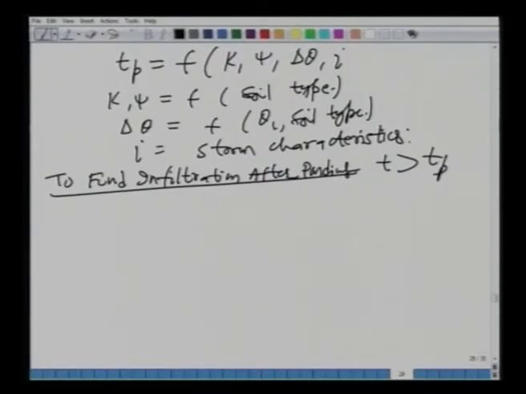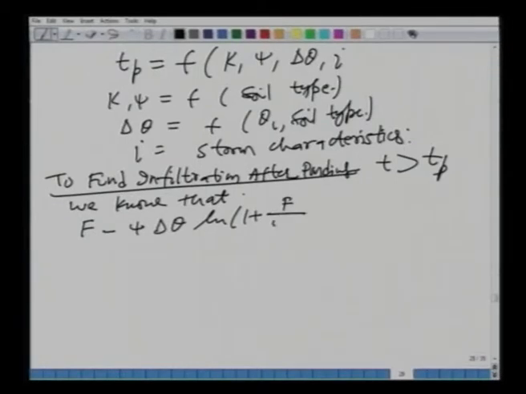Well, we know that from the Green-Ampt equation this relationship is true. Let me number this as 16. This is nothing but our Green-Ampt equation for a single layer.